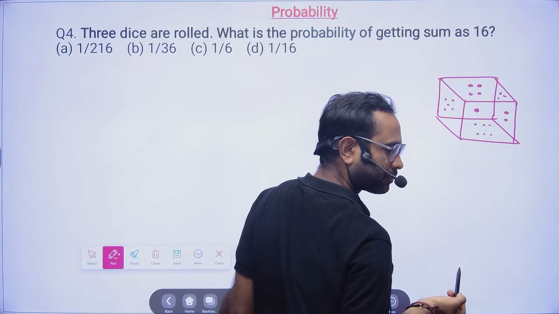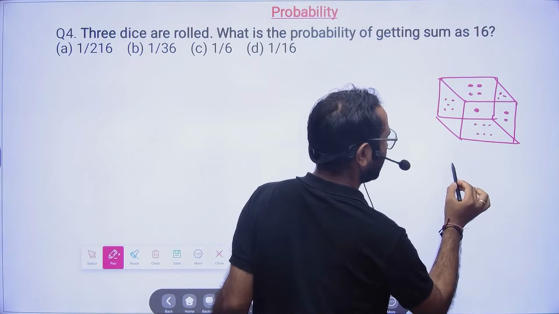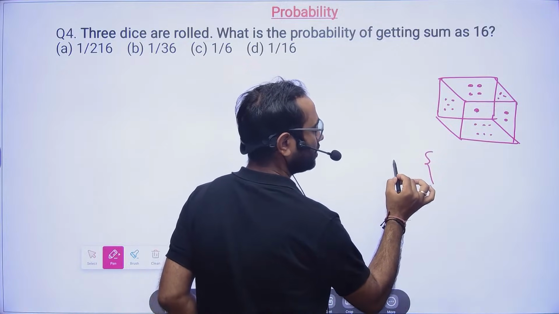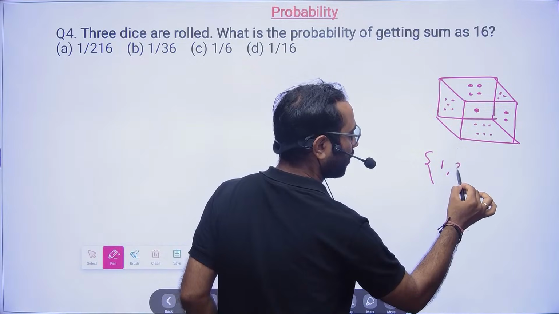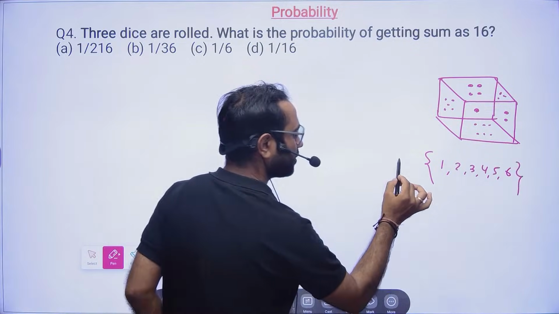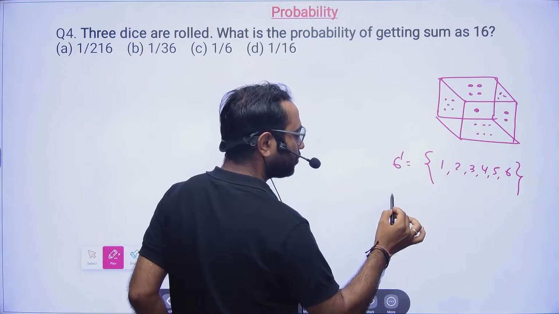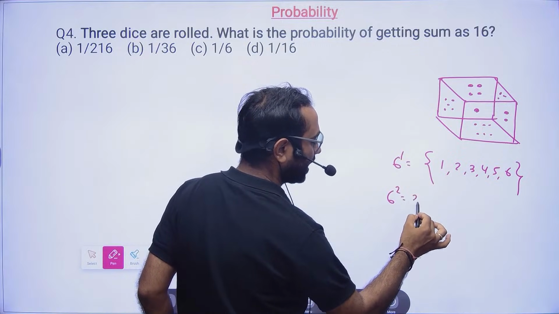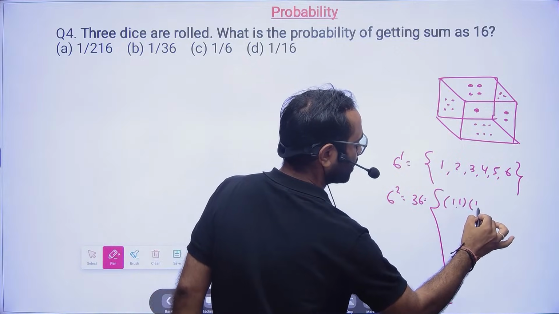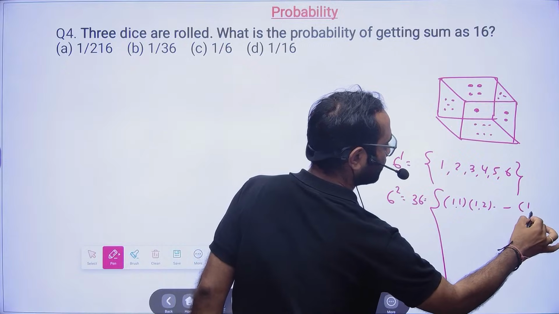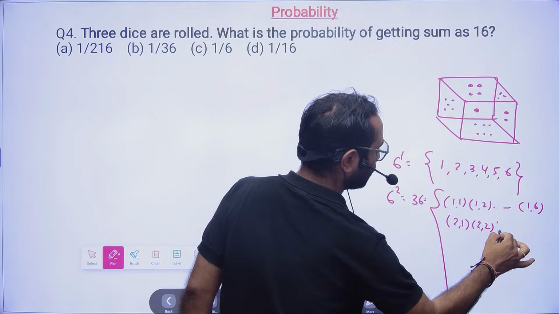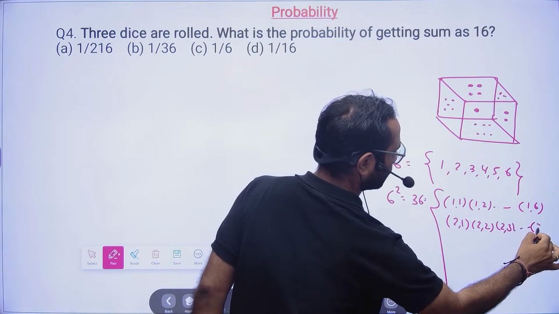Now here if you see, if you throw the dice once, then the total outcomes are either 1, 2, 3, 4, 5 or 6. That means 6 to the power 1. If you throw 2 dice, then you get total outcomes 36. On the first dice 1, second dice 1, 2, like this 1 6. Then 2 1, 2 2, 2 3, like this 2 6.